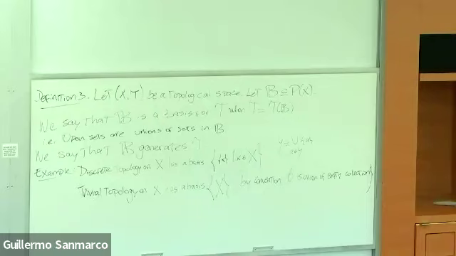So all balls B(x, epsilon), where x is a real and epsilon is a positive number. So this is exactly the local description of T of B. When we define the standard topology, we use this T of B.